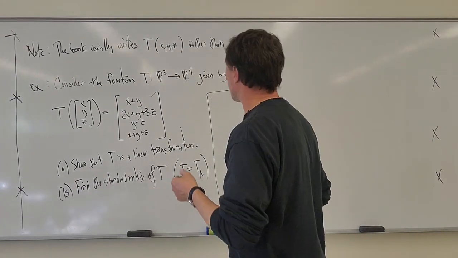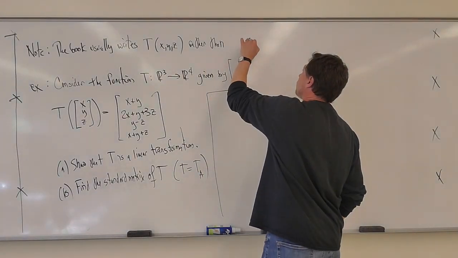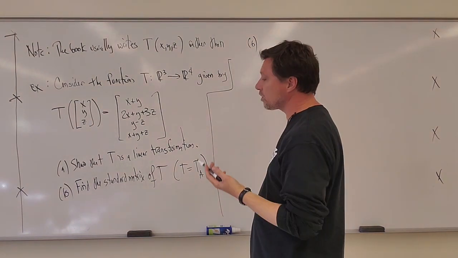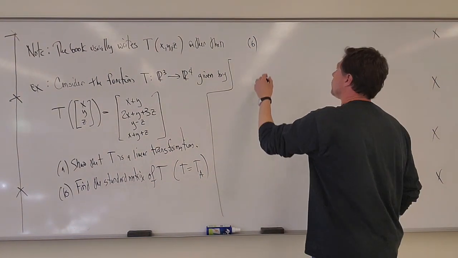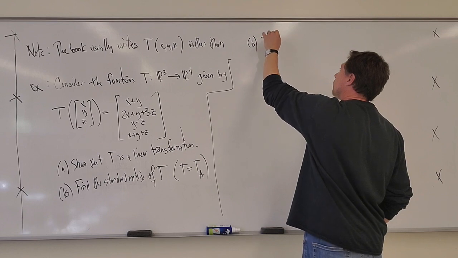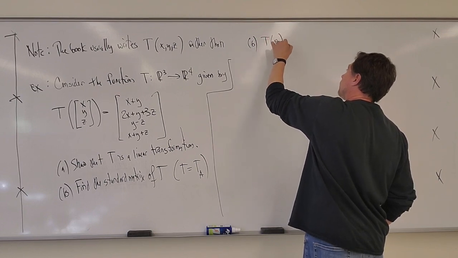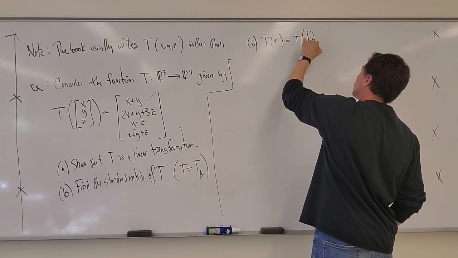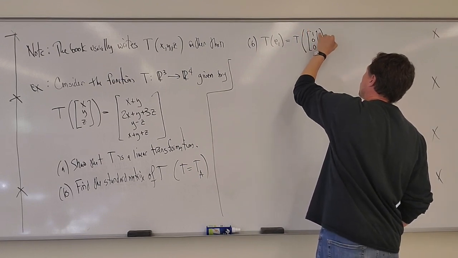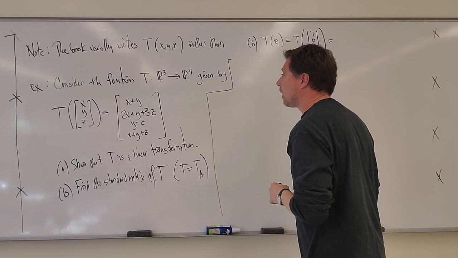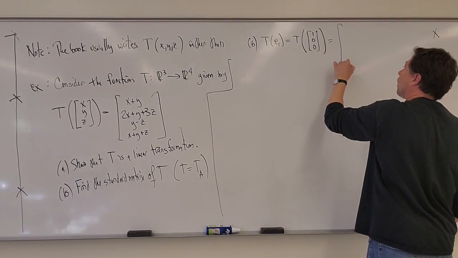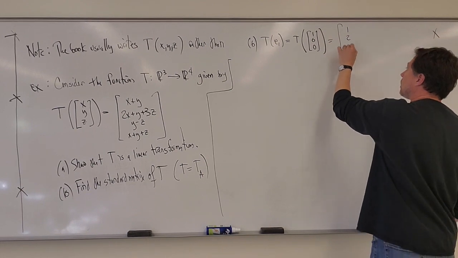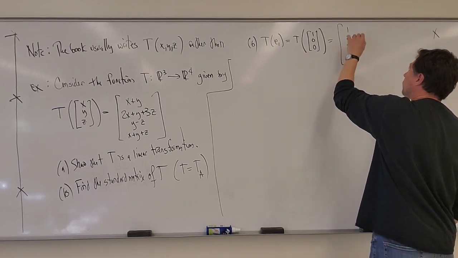Okay, so we'll move on to part B of this example. And so that's find the standard matrix of T. How do you do that? Well, we go like this. T of E1, that's T of the vector 1, 0, 0. That's going to be 1, 2, 0, 1.